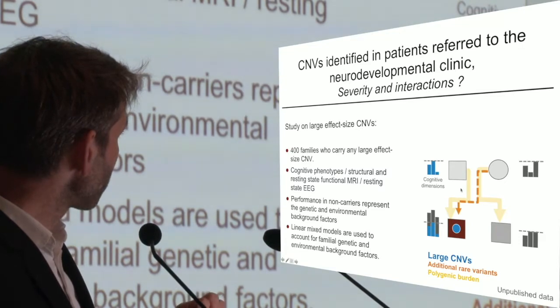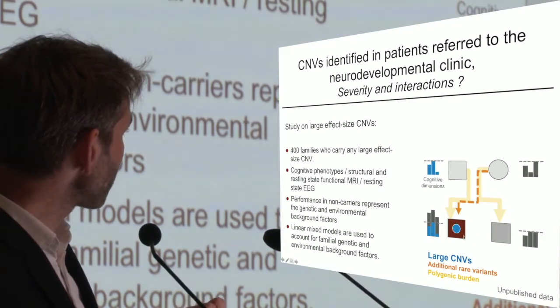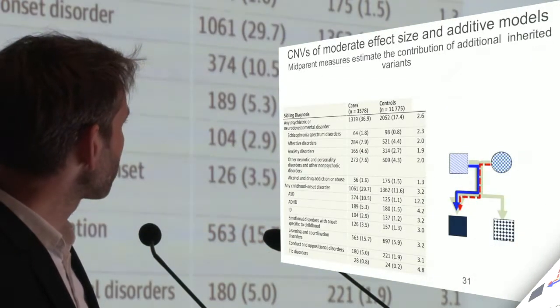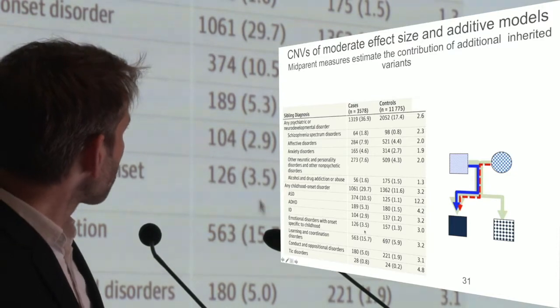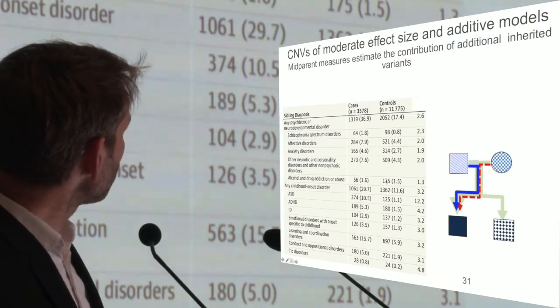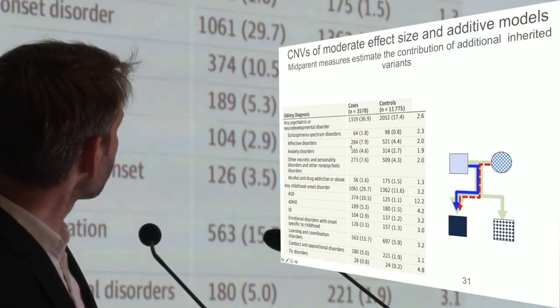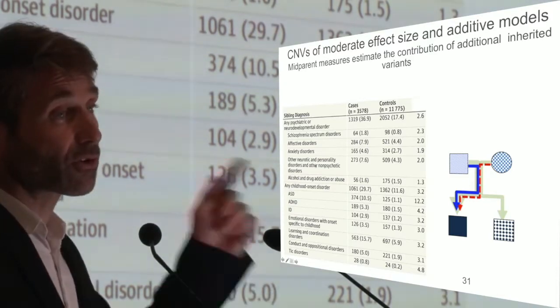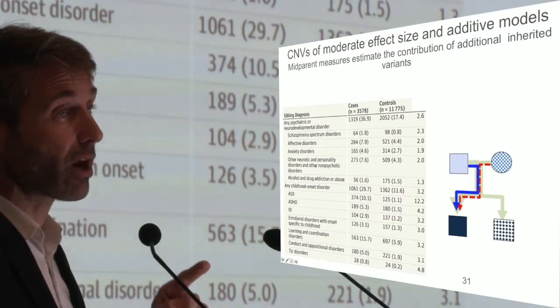That's why we're running this family study, to understand how rare variants in combination with other variants are generating these complex neurodevelopmental symptoms. And when you look at some of these studies, this is the Danish study looking at the comorbidity of other psychiatric conditions in first-degree relatives of people who are diagnosed with autism.